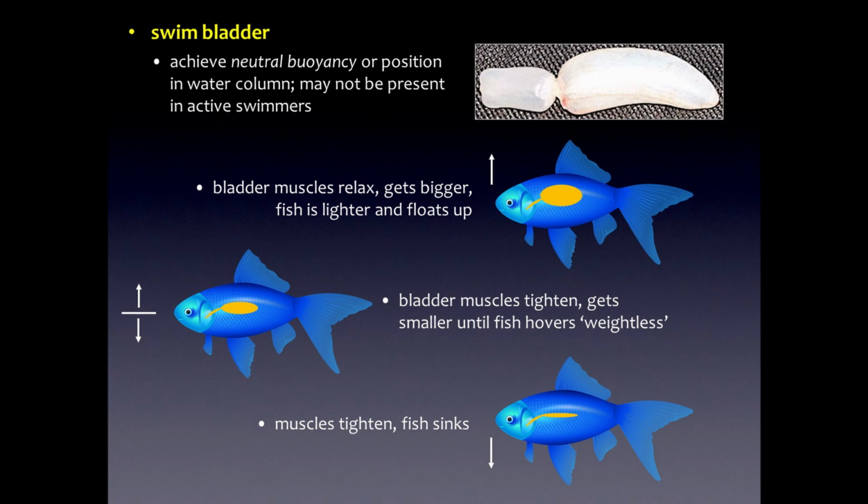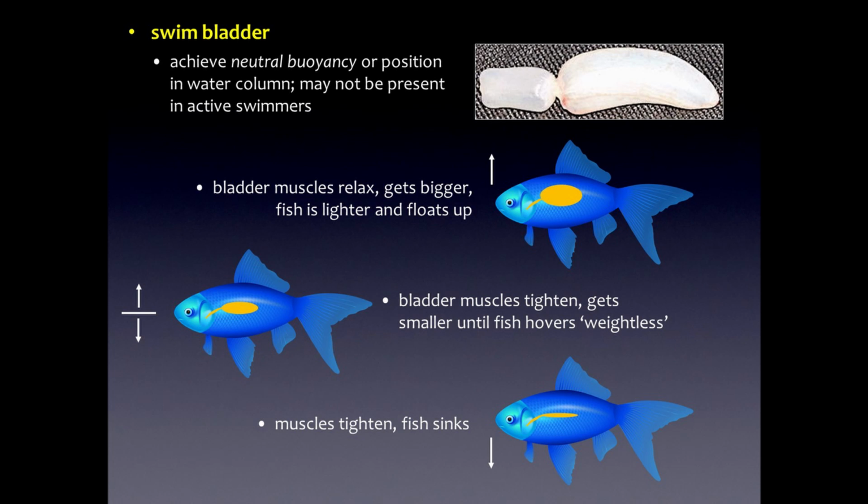So we have an image of a real-life swim bladder up in the upper right of the slide here. What we see is that the fish is able to relax the muscles of the bladder. As these muscles relax, the bladder gets larger, oxygen diffuses into it, the fish feels lighter, and it's going to float upwards. If the fish wants to move downwards, it tightens the muscles around the bladder, it basically squeezes, the oxygen is diffused out of that swim bladder, and then the fish is going to sink.